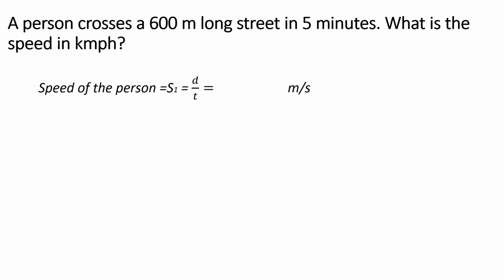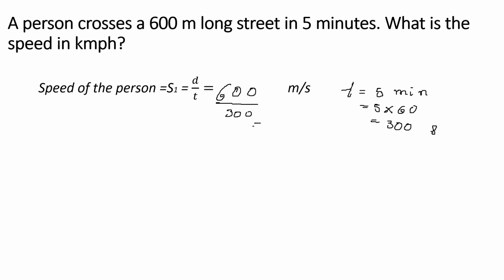Here distance is 600 meters, divided by time, which is 5 minutes, so convert into seconds: 5 into 60, that is 300 seconds. So 600 divided by 300 is equal to 2 meter per second.